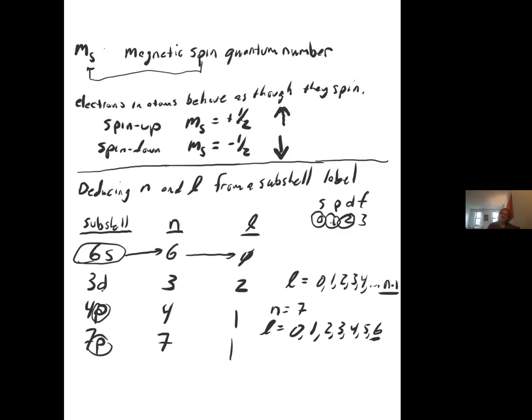You just can't go beyond 6. But it could be any of these. And that's the meaning of this. If it turns out it's a 0, you know you have an s orbital. If it's a 1, you know you have a p orbital. If it's a 2, now you know you have a d orbital. It's kind of cool. That's a great question.